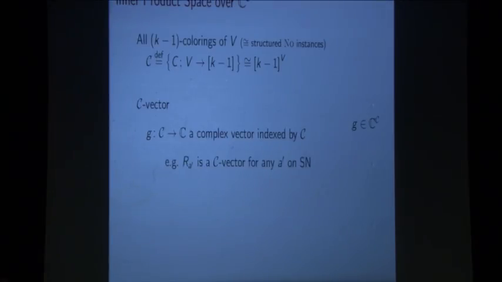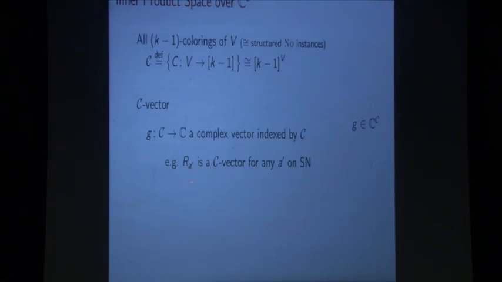An example of such a script C vector is the reachability table on every node. It is an object that, if you give me a coloring, I can give you a complex number. I first compute the graph corresponding to that coloring. This will be an instance. Then I can check whether that instance can reach a node A prime.